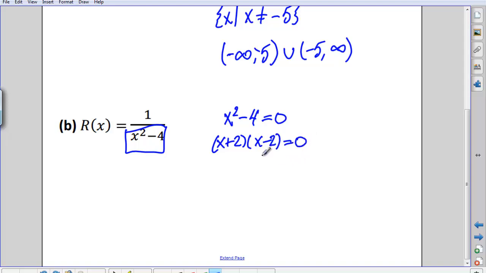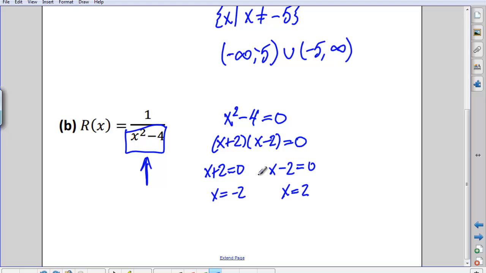And then from there, set each factor equal to 0. And we get negative 2 and positive 2 as the two solutions to that equation, which means those are the two x values which cause this denominator to be 0.